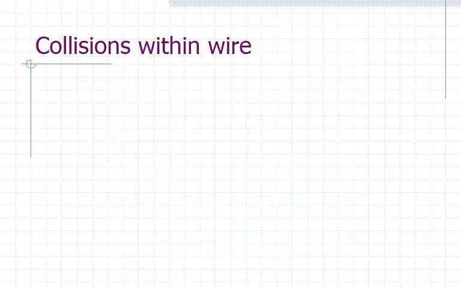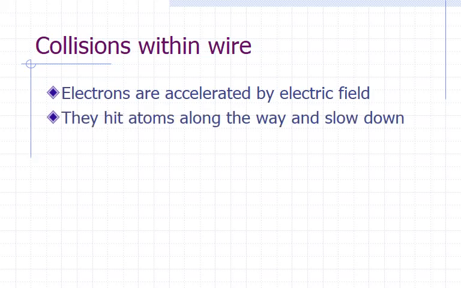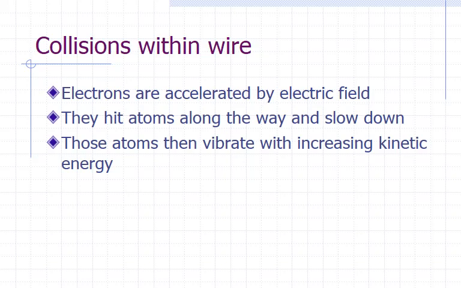So these collisions happen within the wire, right? The electrons are accelerated by this electric field and sent through. They hit atoms along the way and slow down. Depending on the substance, the atoms they hit will interact a little bit differently. These atoms then vibrate with increasing kinetic energy.